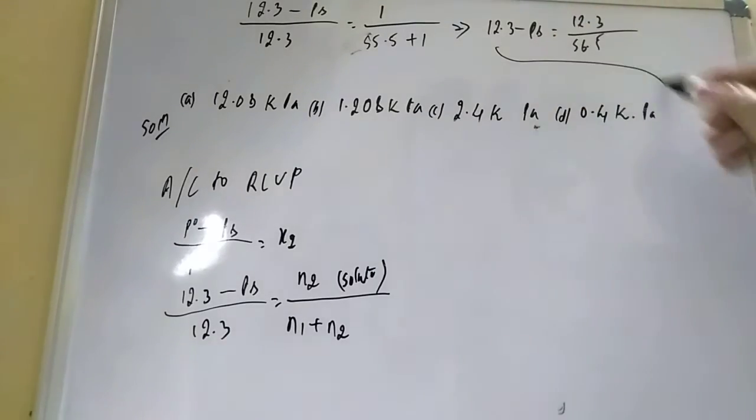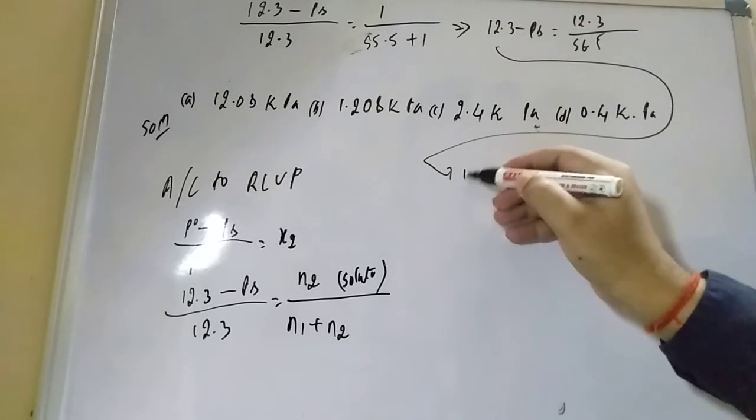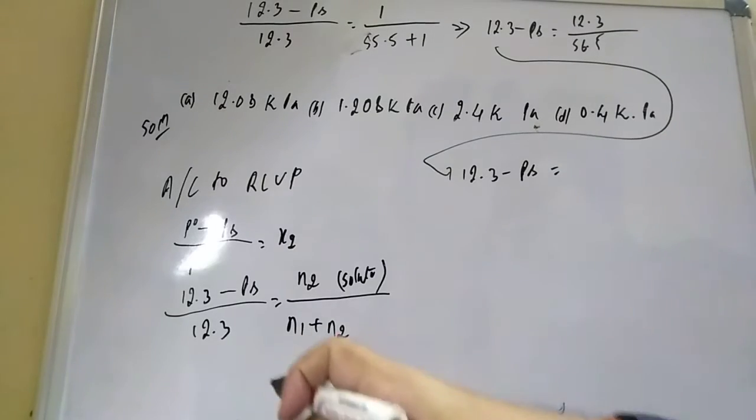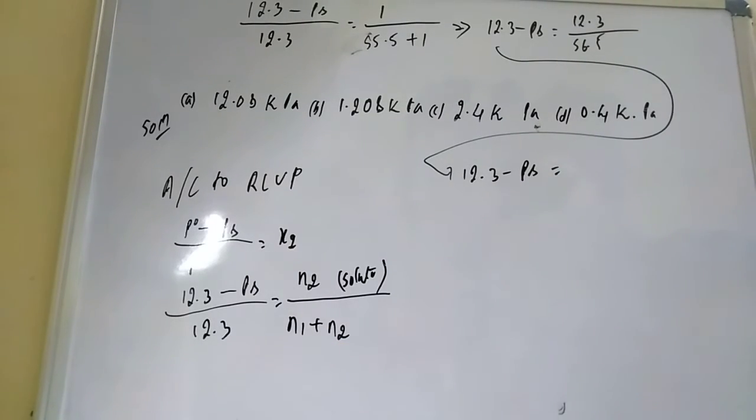Let us see. 12.3 divided by 56.5, it is coming 0.22.